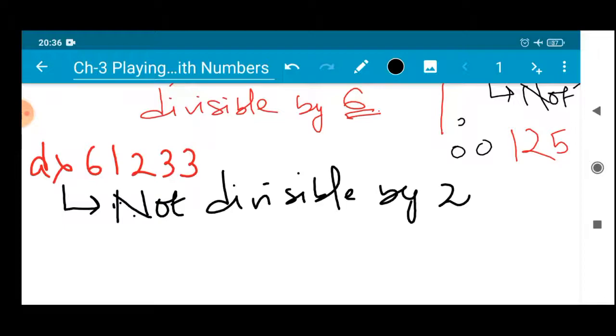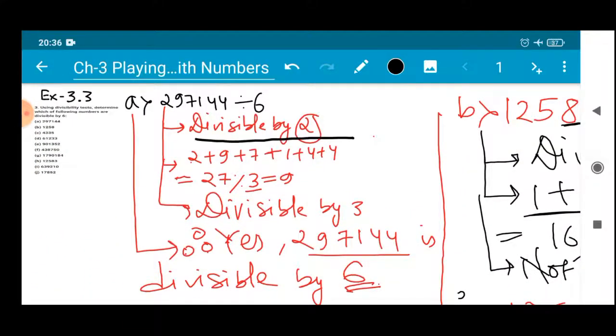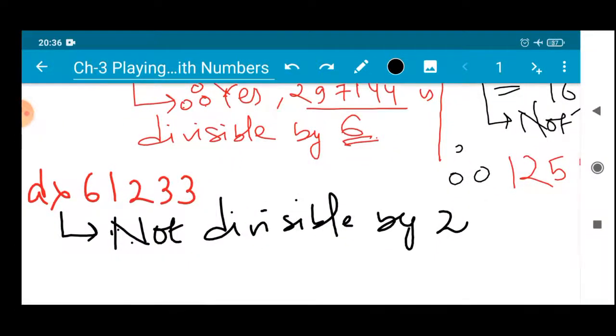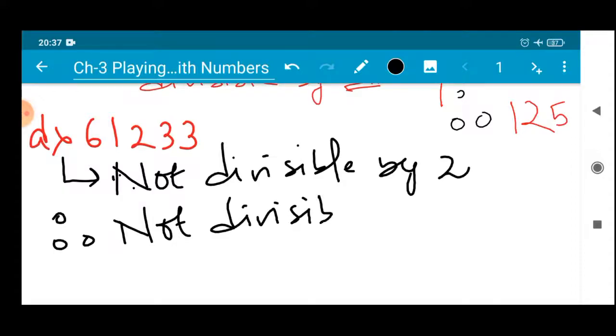So if you get only one statement also. But suppose in the first condition we got that it is divisible by 2, then it is compulsory that you have to go and check for 3 also. If suppose in the first statement only, that is by trying with 2 only, you get that it is not divisible by 2, then directly you can write not divisible by 6.